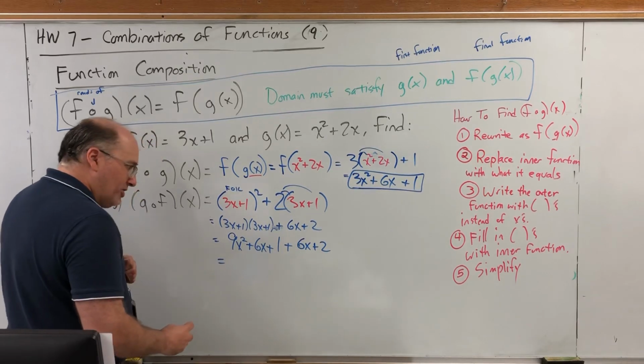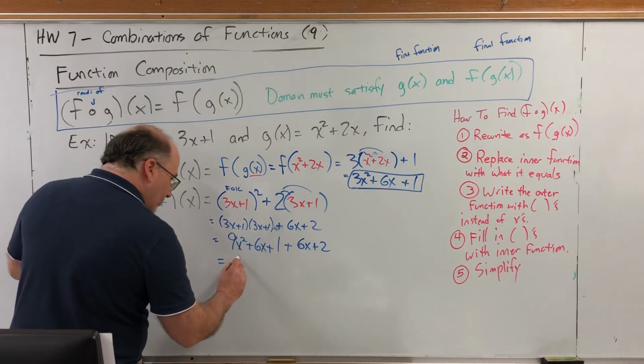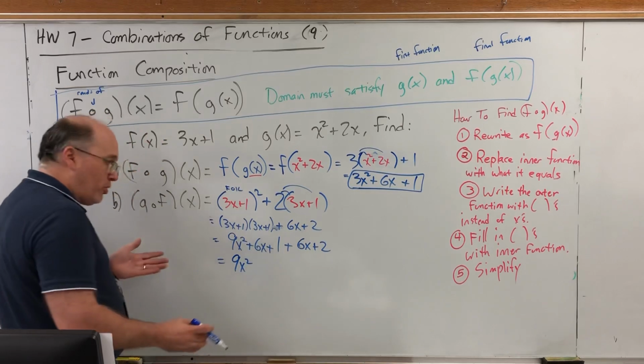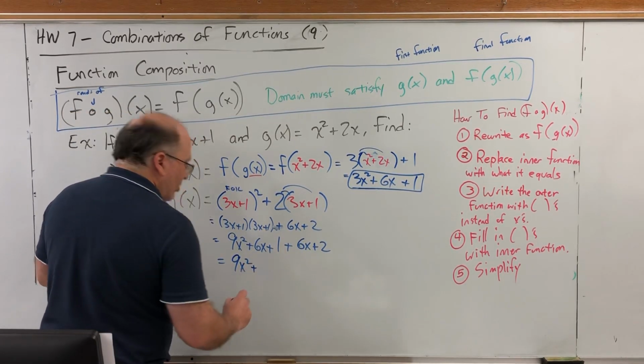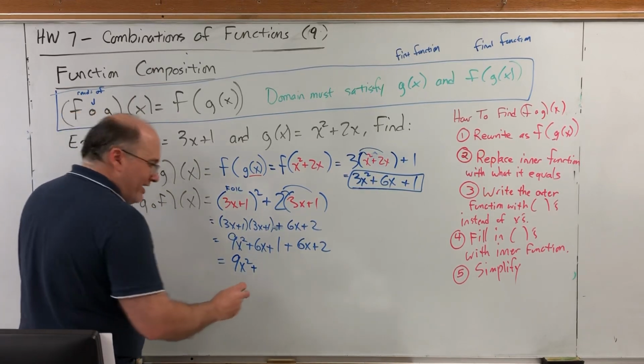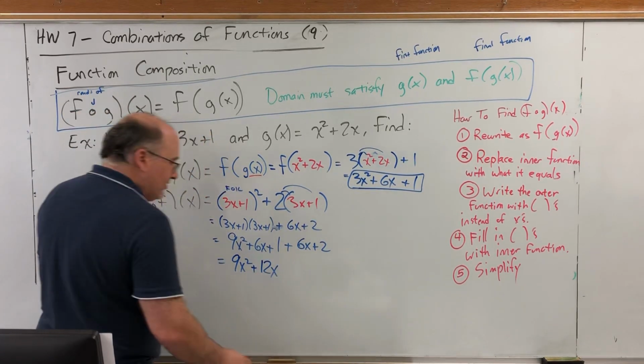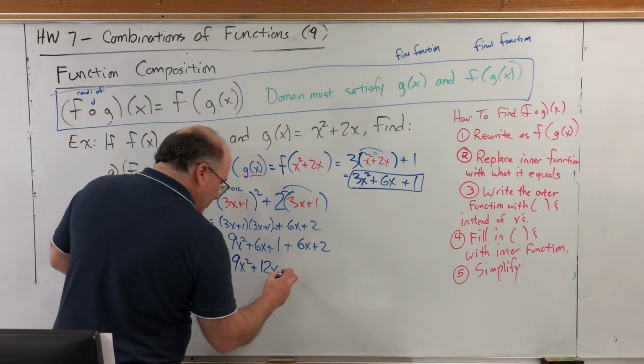And then the like terms, we have 2 pairs of like terms. There's only the one x squared term, 9x squared, but plus 6x and plus 6x is plus 12x, and then plus 1 and plus 2 is plus 3.